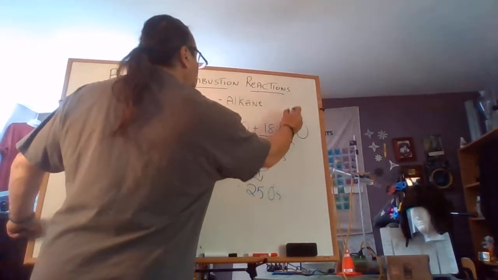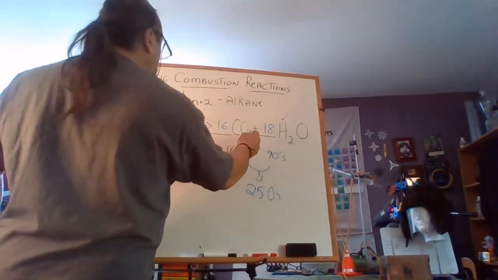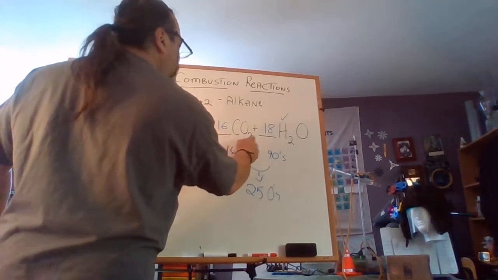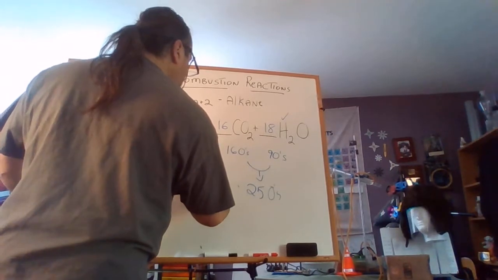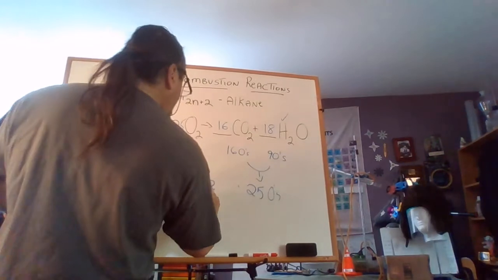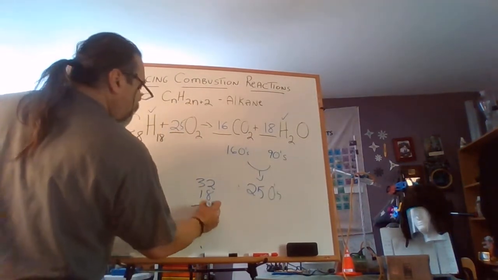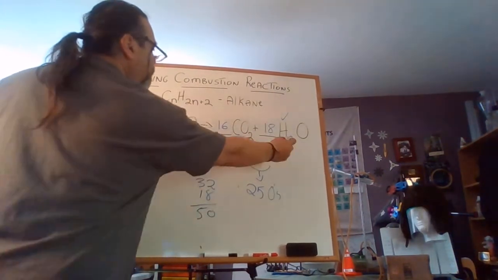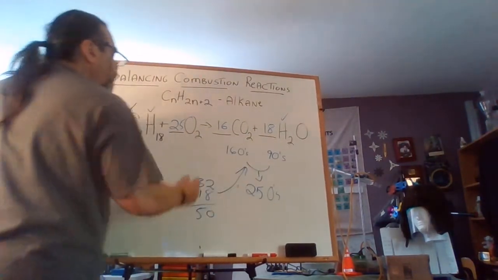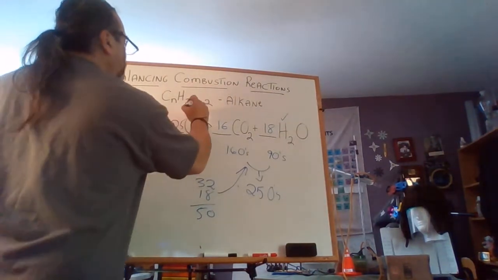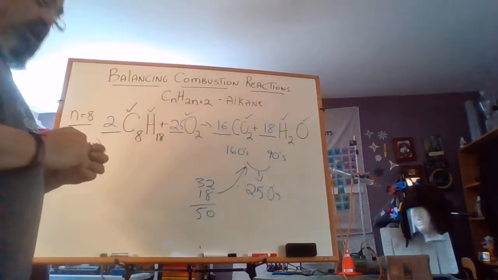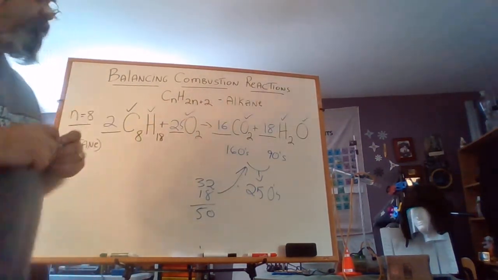That also looks good. 16 times 2 is 32 oxygens on this carbon dioxide, and then 18 times 1 is 18, which comes out to 50 on the product side. So we've got 50 oxygens here, and 25 times 2 is 50 oxygens here. And so our oxygens balance out, and we have a balanced chemical equation. Alrighty? There you go.